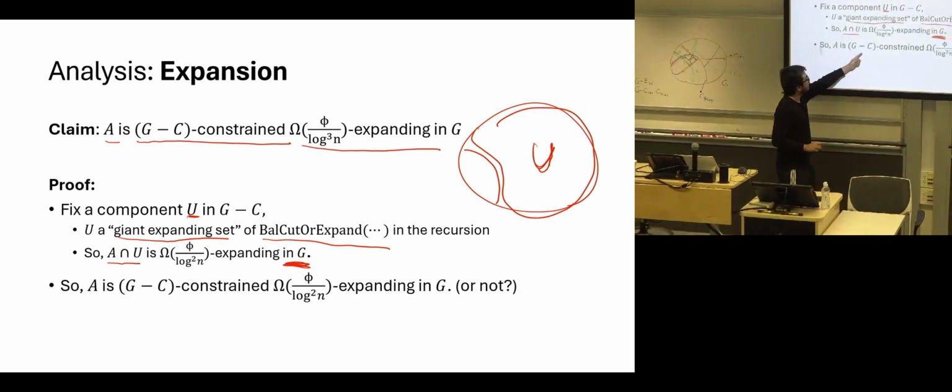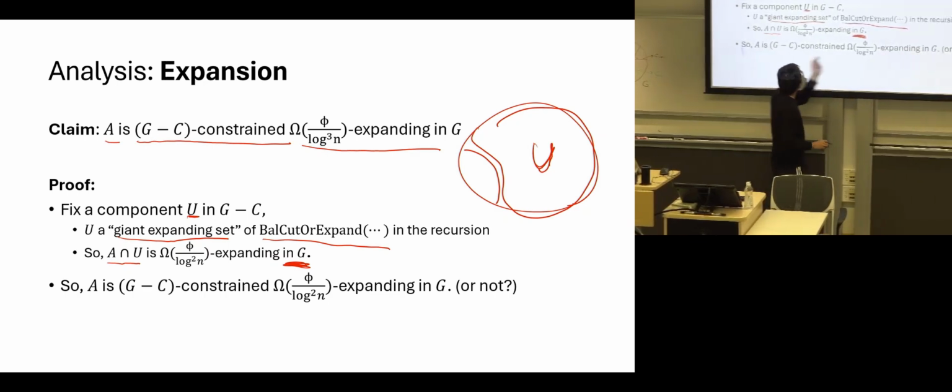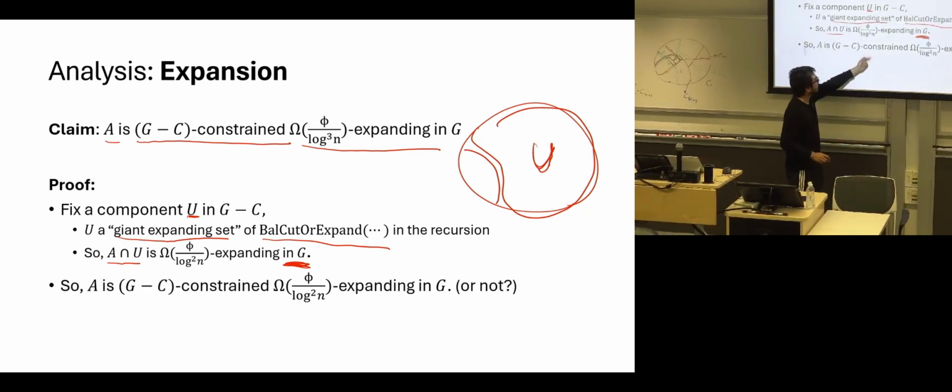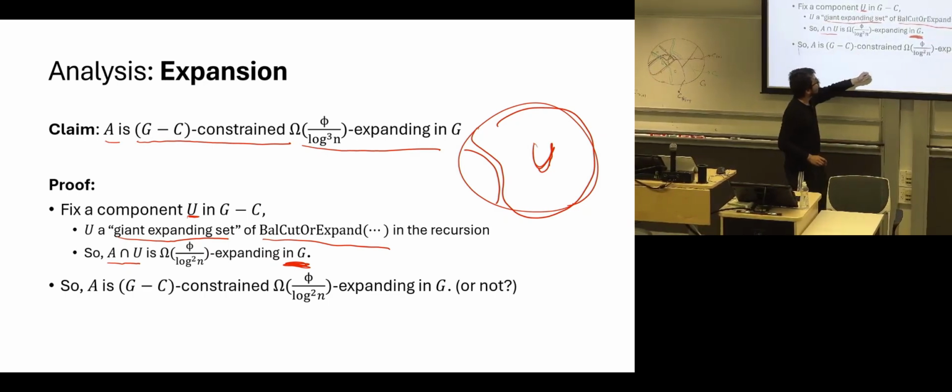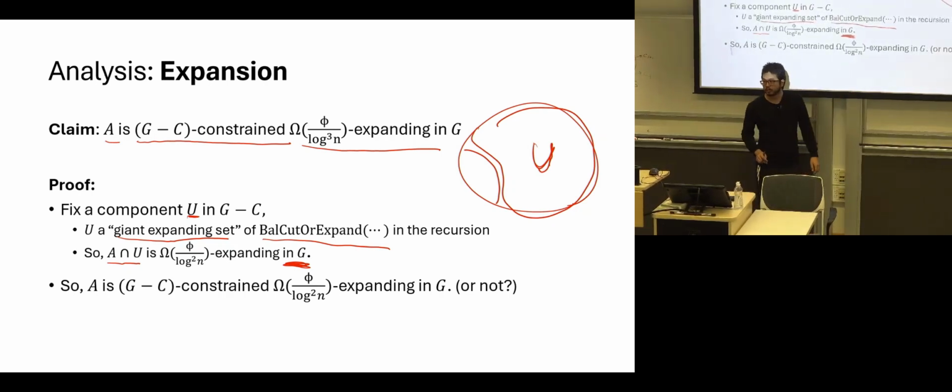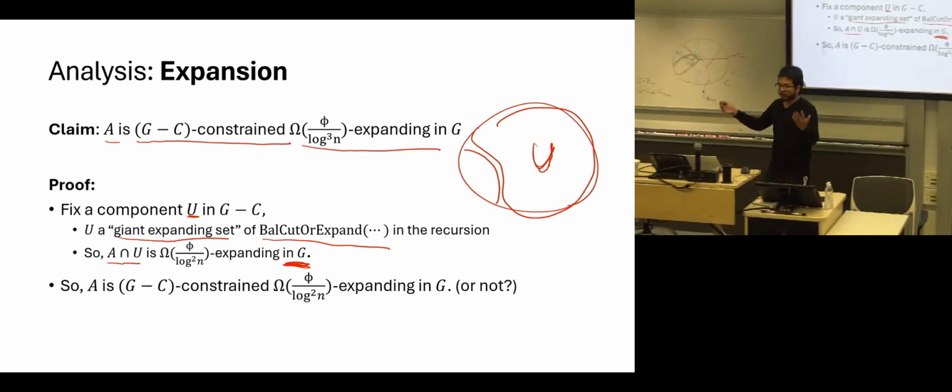Can I just say that A is G minus C constraint expanding with this factor? Why can't I just say this?